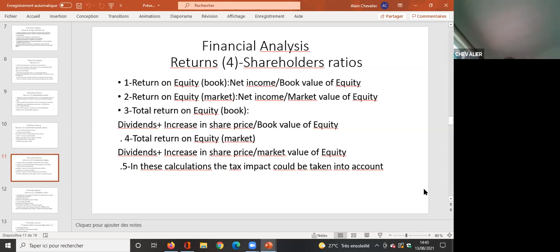Don't forget also that in both cases, you have to integrate the tax situation of a shareholder. It means, what about the tax rate on the increase in price? What about the tax policy on dividends?